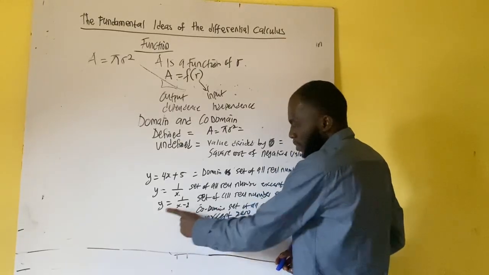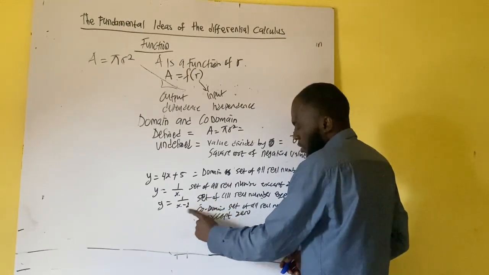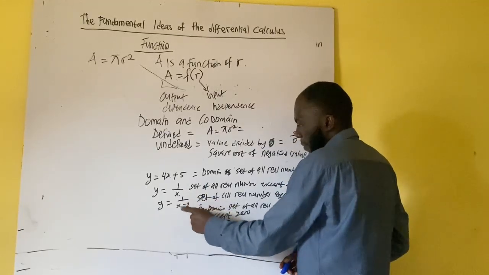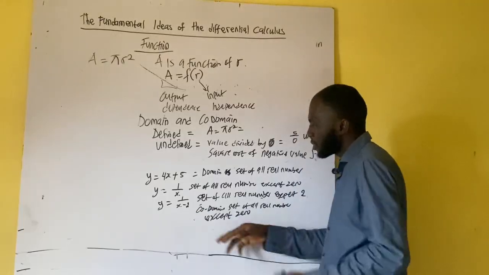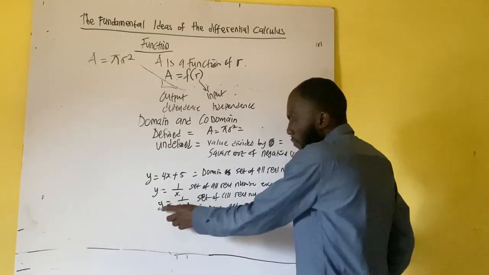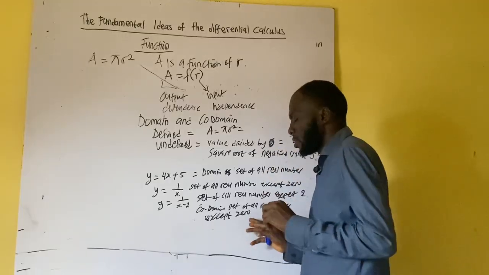Is that taken now? If I have here 0, I'll be having 1 divided by minus 2. If I have minus 1, 1 over minus 3. So there's no way I'm going to be having this y equal to 0. So the codomain of y is the set of all real numbers except 0.